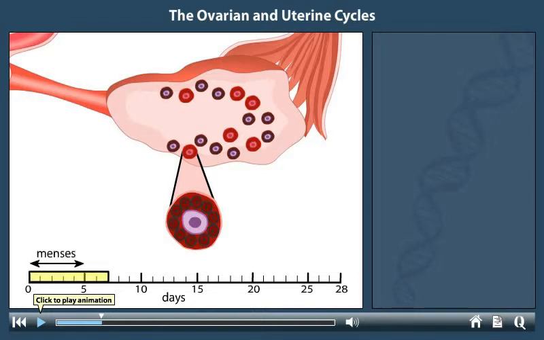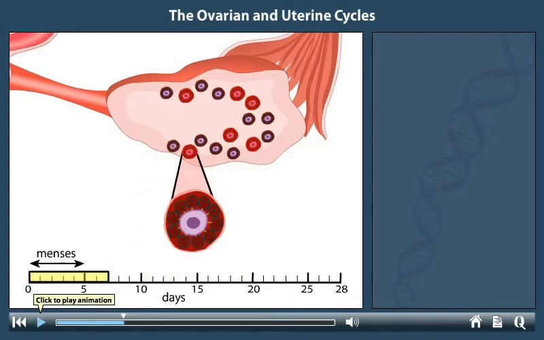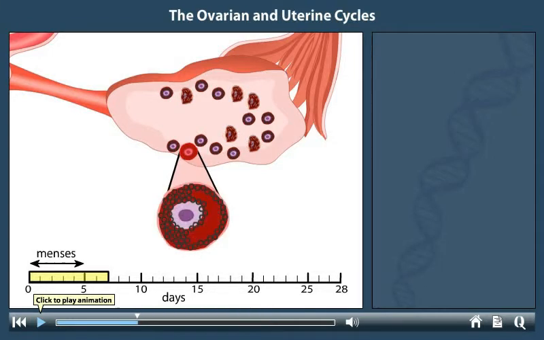During the first 7 days of the cycle, 6 to 12 primary oocytes begin to mature. As the follicles develop, the follicle cells communicate with oocytes and pass them nutrients through pores called gap junctions. Each oocyte grows larger, and the surrounding follicle cells divide, proliferating to produce thousands of follicle cells in a single follicle.